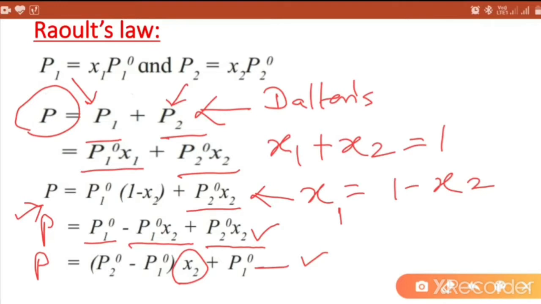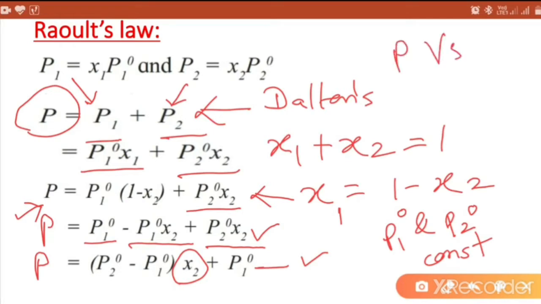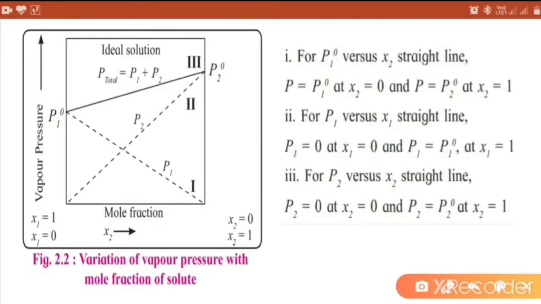And because P10 and P20 are constants, by plotting the graph of pressure versus x2 we get a straight line, as the graph shows the variation of vapor pressure with mole fraction of solute.